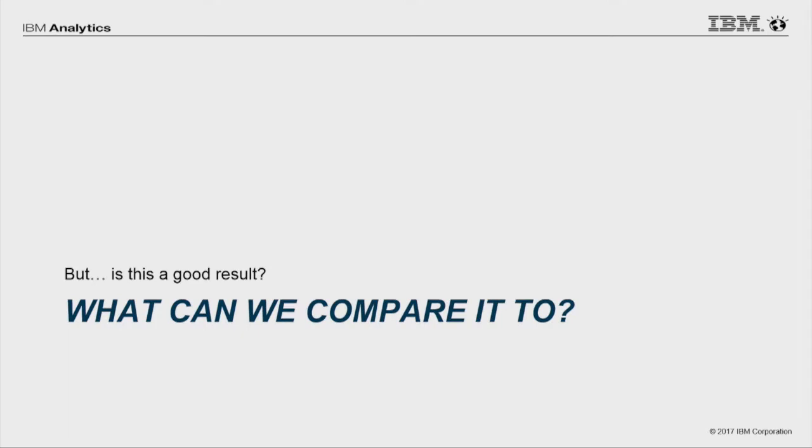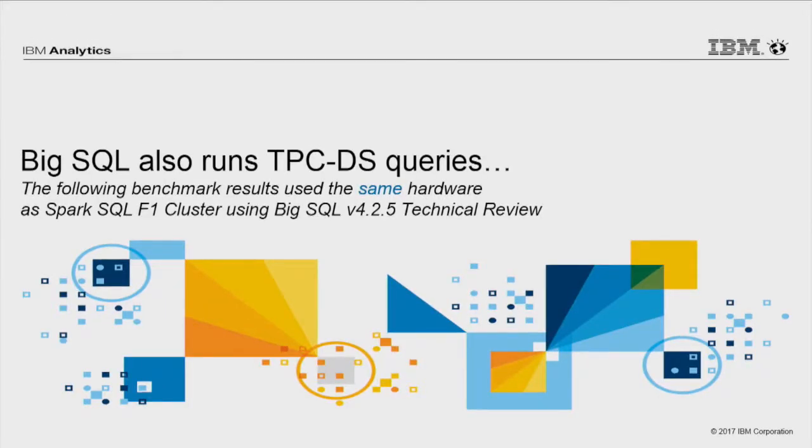But my next question is, is it a good result, right? And the reason I ask this is because we don't really know if it's a good result if we can't compare it to anything, fair? Well, the good news is, if you remember what I said earlier, we did run this back in 2014. So Big SQL also runs all the TPC-DS queries. So we talked to the SPARC guys, said, hey, can we get some time on that machine?